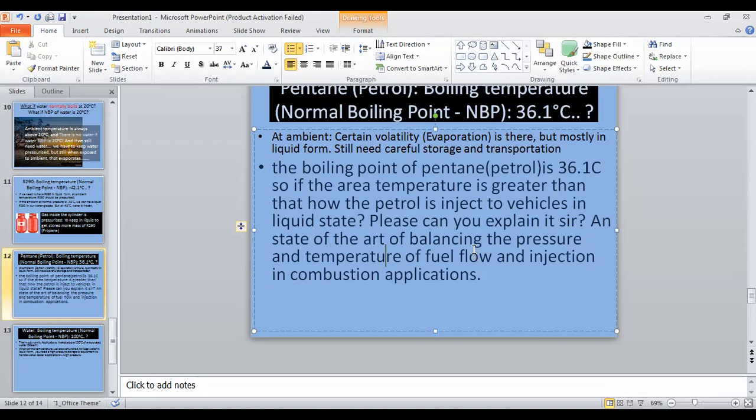So when it comes to combustion, in advanced combustion systems, the art is still being practiced. Still there is an art which is more than science. That's why with Japanese vehicles and Chinese engines, using the same petrol, the performance is different, the efficiency is different.